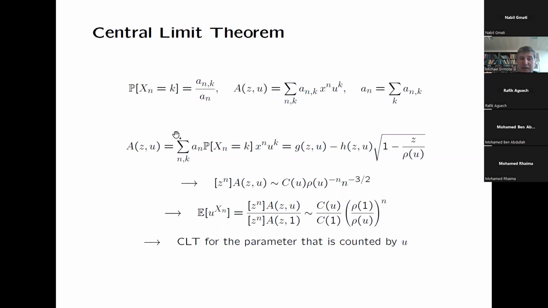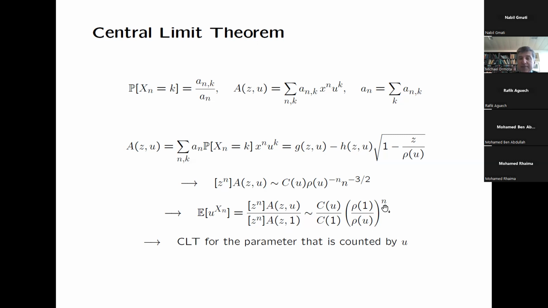This is just a translation of this simple probabilistic model. And now this asymptotics holds also for the special value 1. And so you can get an asymptotics of the probability generating function. And you see that the probability generating function behaves like the power of a function.